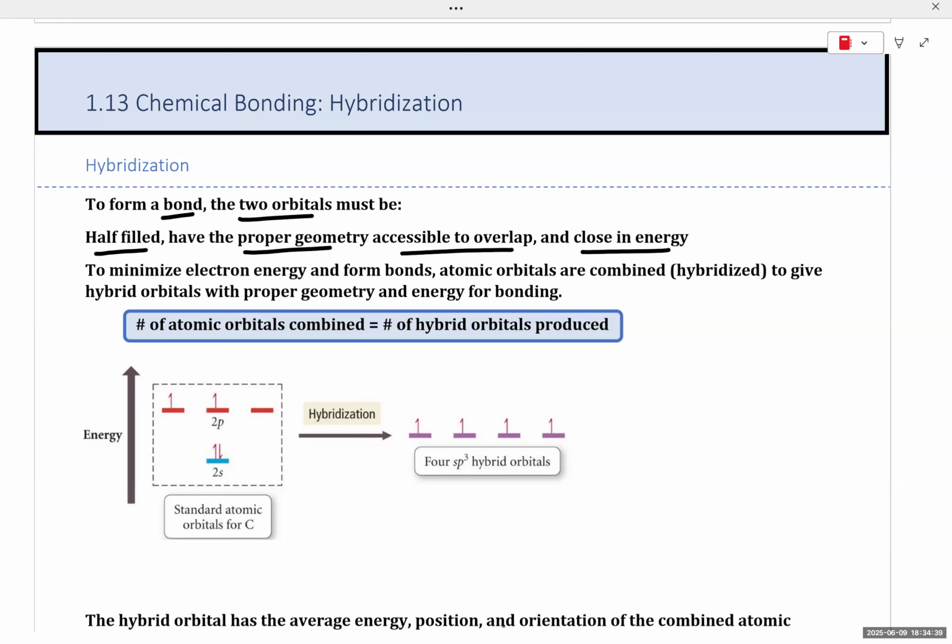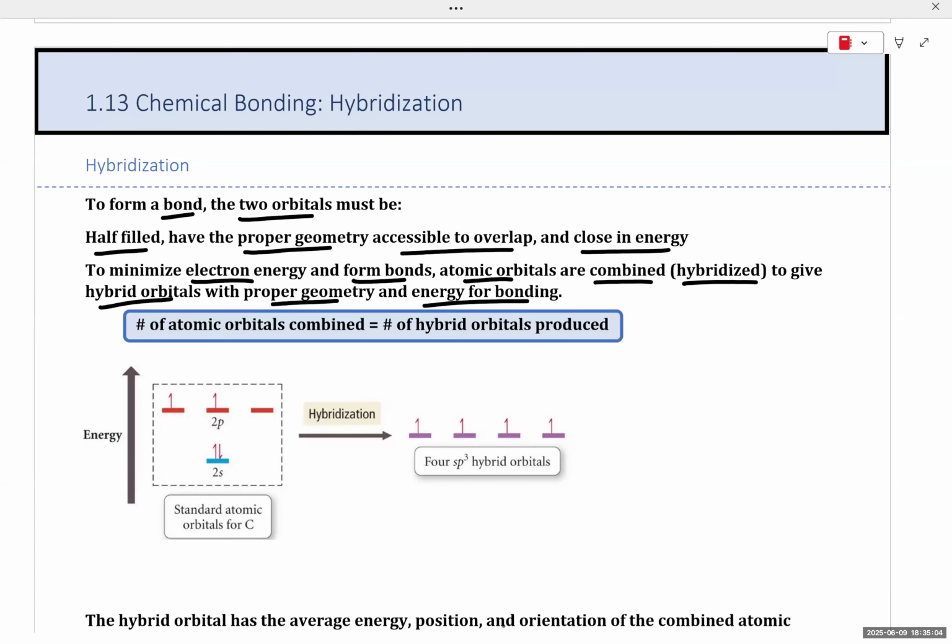Overall, the reason why we form bonds is that we want to minimize electron energy by forming bonds. To accomplish this, atomic orbitals are combined and hybridized to yield hybrid orbitals with the proper geometry and energy for bonding.